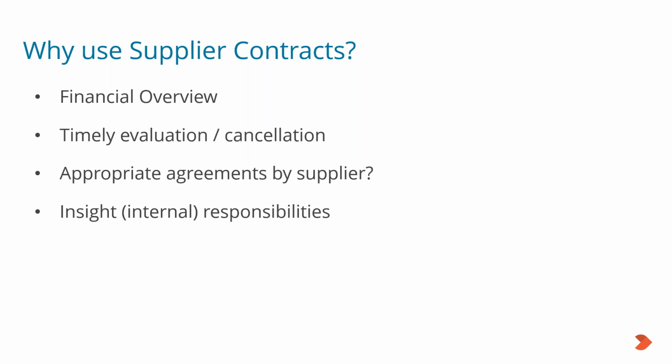We can define our agreements with our supplier, and we can be really specific here as to what service they provide us. And with this, we'll avoid any ambiguity with both sides on the contract. And finally, we can also document the internal responsibilities that we have around this contract.